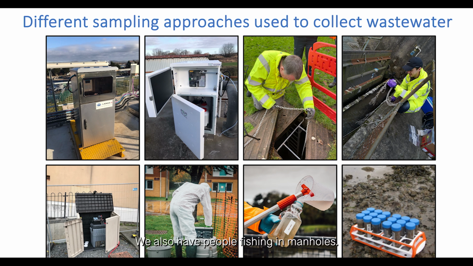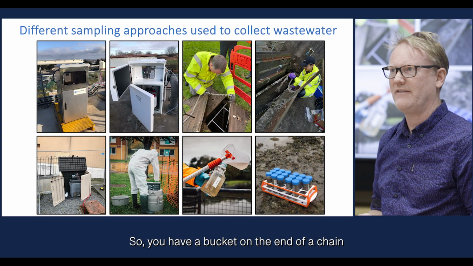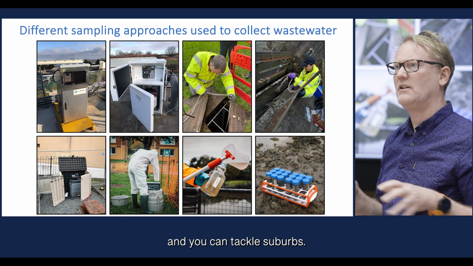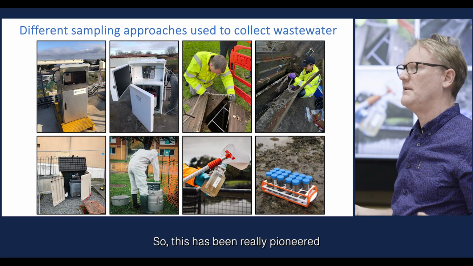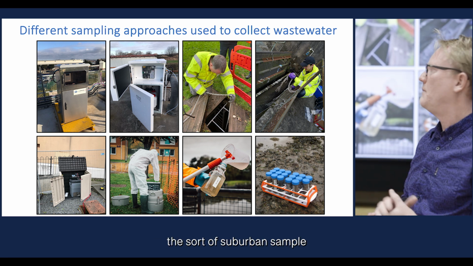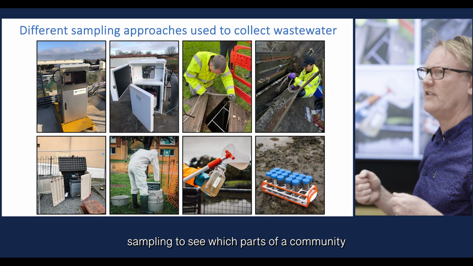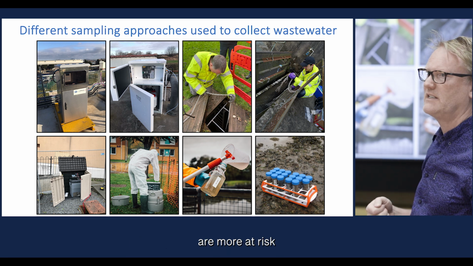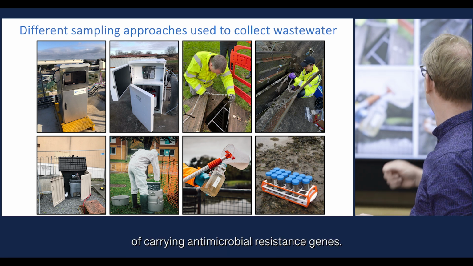We also have people fishing in manholes. So you have a bucket on the end of a chain or something that you lower down and you can sample suburbs. So this has been really pioneered, this sort of suburban sampling to see which parts of a community are more at risk of carrying antimicrobial resistance genes.